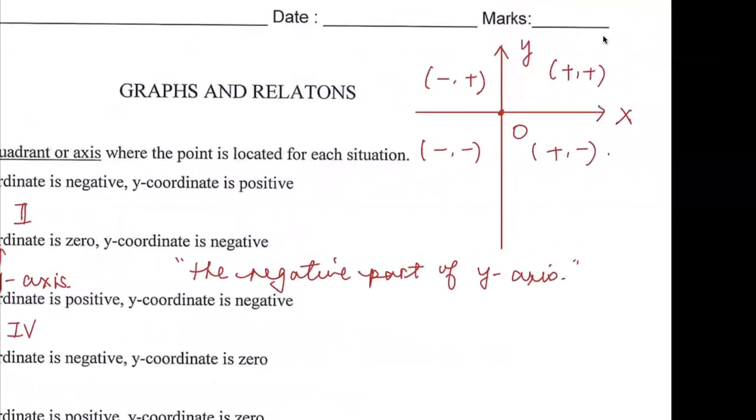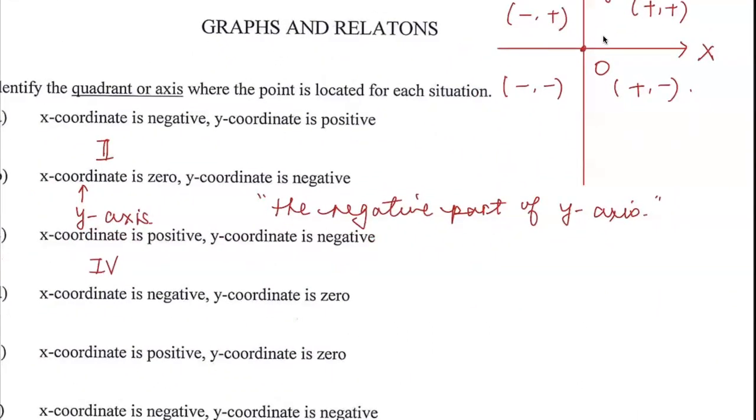For example, this is 0, 0. This is 1, 0, 2, 0, 3, 0, etc. And all the points here also don't have any y value. Okay, so we're looking at the x-axis.